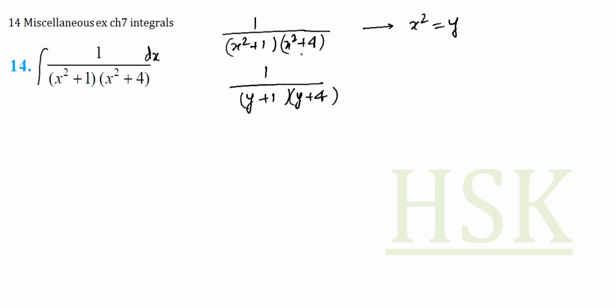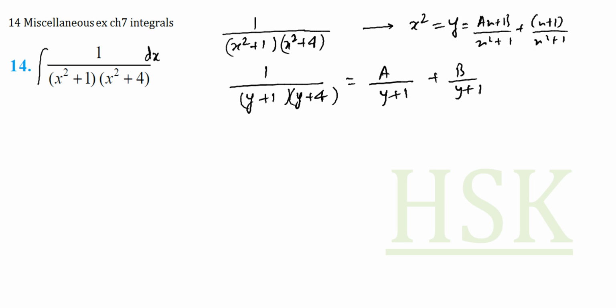Had we not taken x square is equal to y, then its partial fraction would have been ax plus b upon x square plus 1 plus cx plus d upon x square plus 4, and here the partial fraction would be a upon y plus 1 plus b upon y plus 4. Now you can see that the process would have been much more elaborate than in this case.